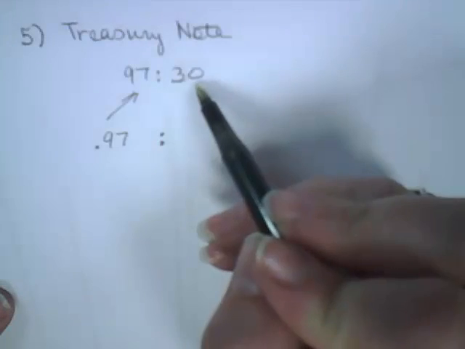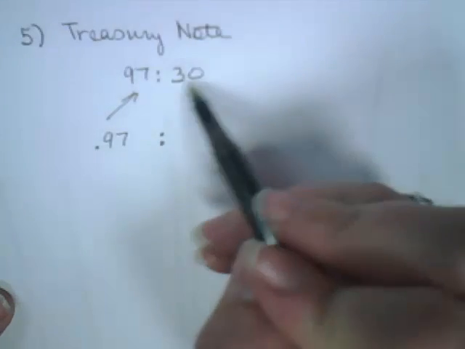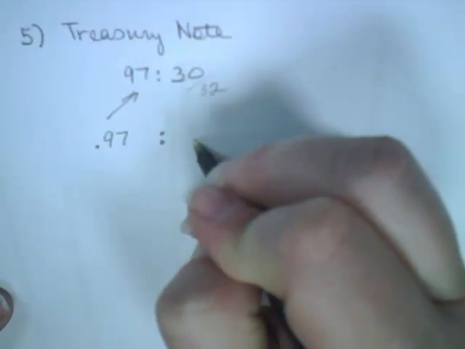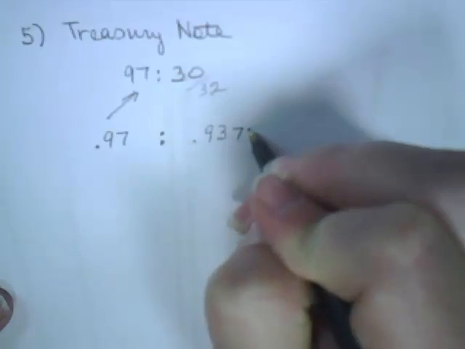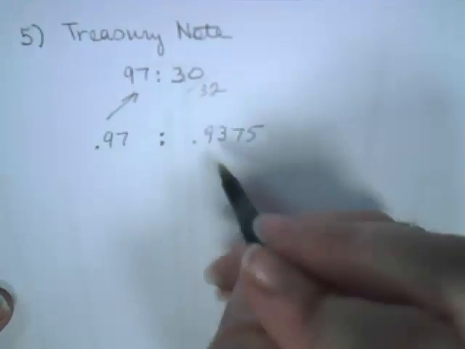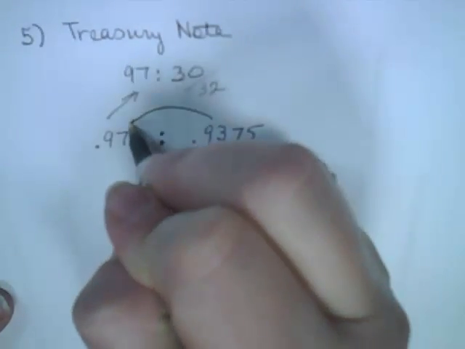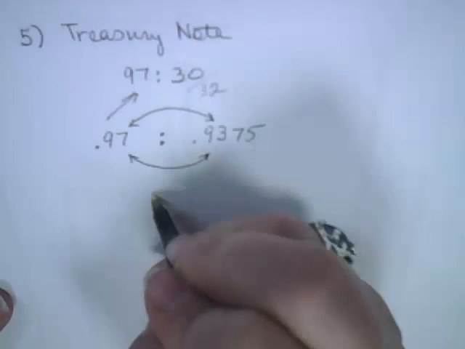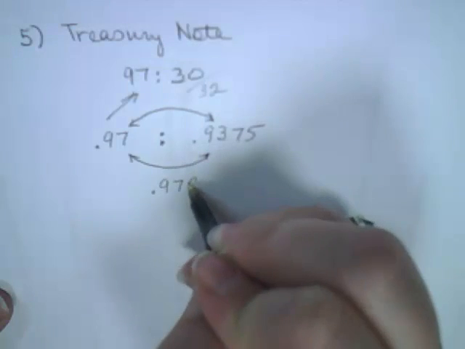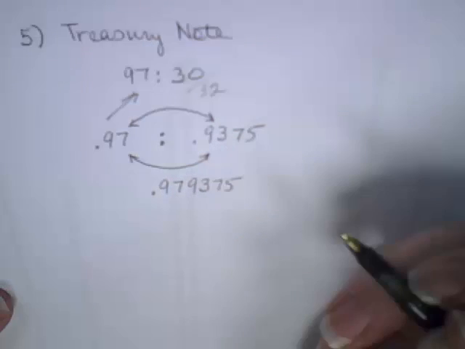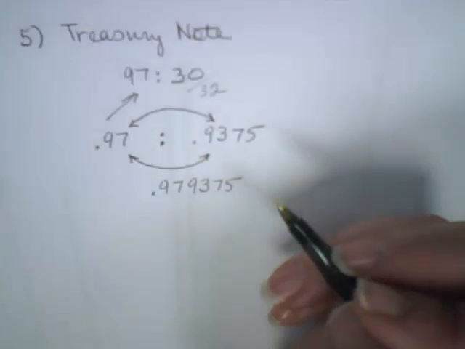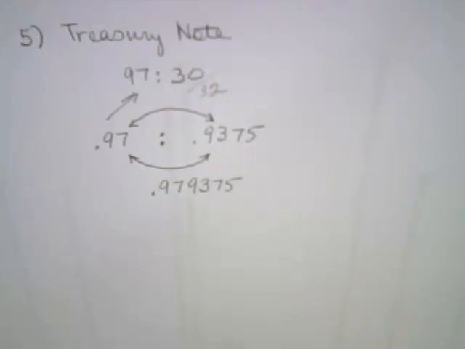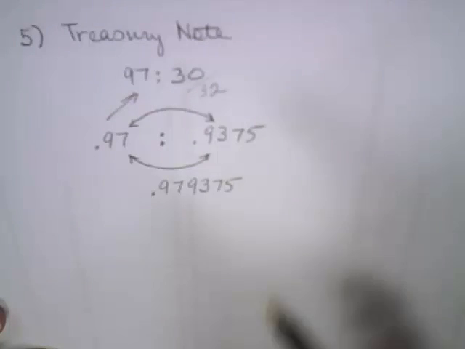Because Treasury notes are quoted in 32nds, we're going to divide that 30 by 32, which is going to give us 0.09375. We're not going to add these together. We're going to more or less push them together, and that's going to give us 0.97935. That's going to be the factor that we use in calculating the price of the bond.